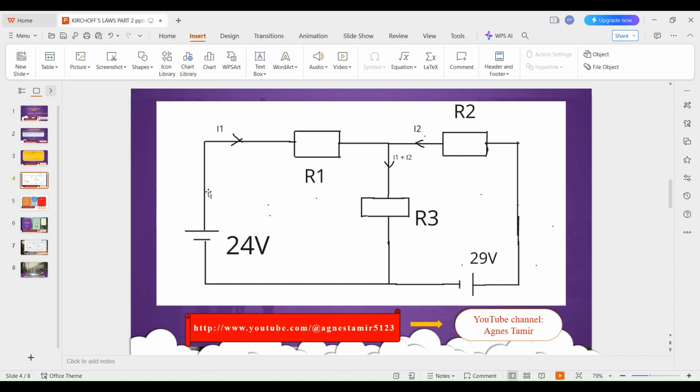Remember in our video 1 under Kirchhoff's laws, we started by defining Kirchhoff's laws. That is Kirchhoff's voltage law and Kirchhoff's current law.